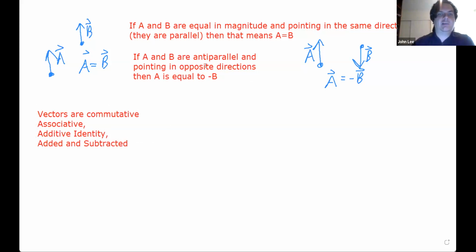So what I mean by commutative is that A plus B equals B plus A.